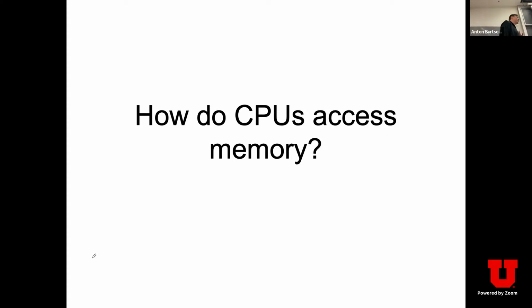Who can tell me how we access memory from multiple CPUs? What's the most important piece of technology which enables this? Or a protocol name? There's a main bus. Correct.